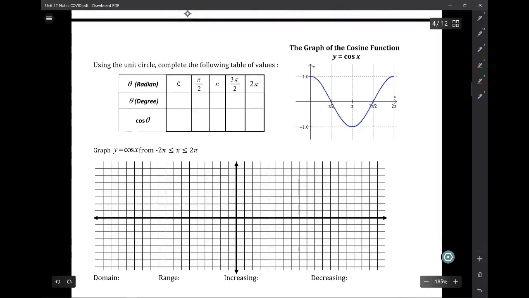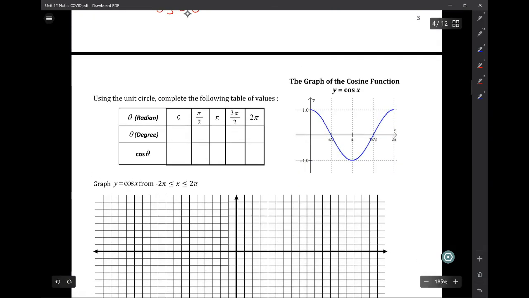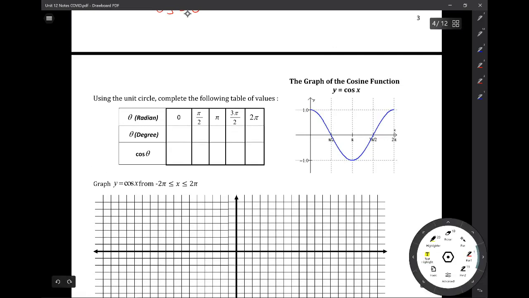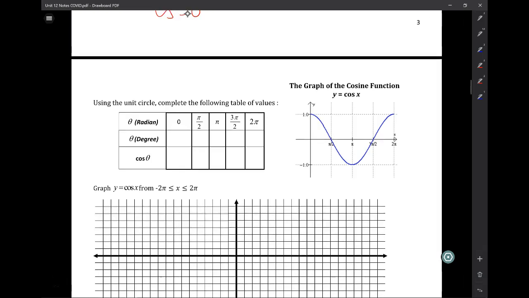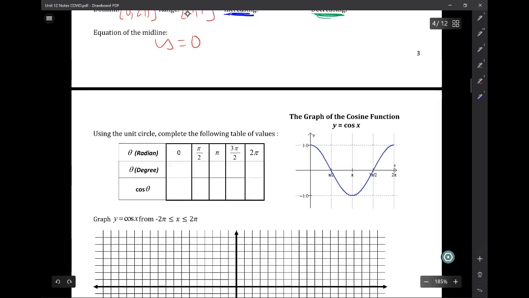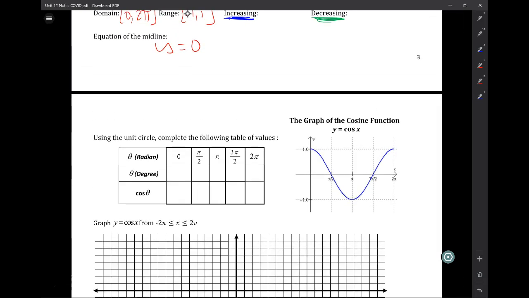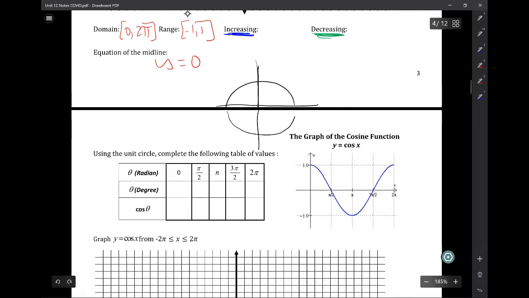A cosine curve, however, does not look like an S. If I bring out the same unit circle that we used on our sine curve, so let me use this space here. All right, so this was 90 degrees and that was 0, 1, 0.